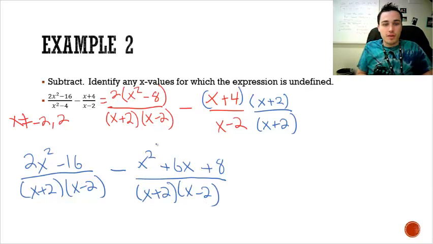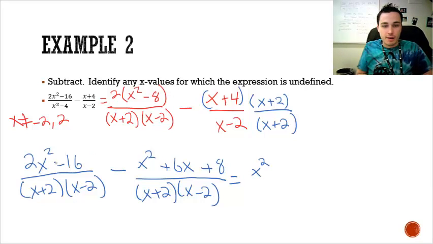All right, so then now I can subtract. When you're subtracting, the thing you just got to be paying extra attention to is that because it's a minus off all of this, I'm going to change the signs of the 6x and the 8. So just be aware of that. Now then, 2x squared minus x squared is x squared.